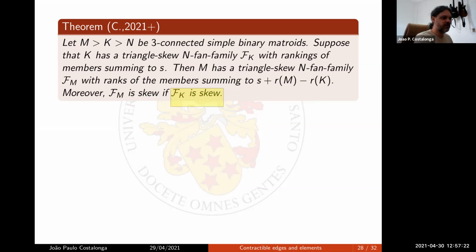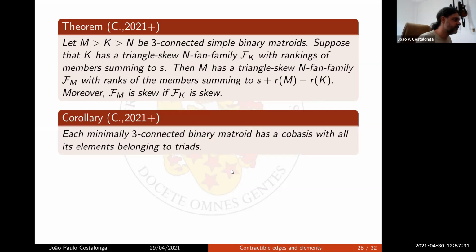If you're not familiar with matroids, it's a lot to process, lots of new information. But to finish, let's look at some consequences. Each minimally 3-connected binary matroid has a cobasis with all its elements belonging to triads. I won't explain everything, this is a bit for matroid-versed people.